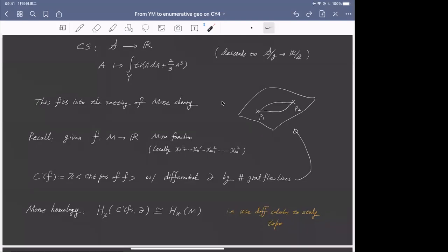But the important point here is that we give another perspective on how to define this chain complex, or this homology group.